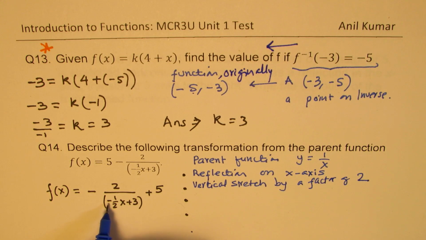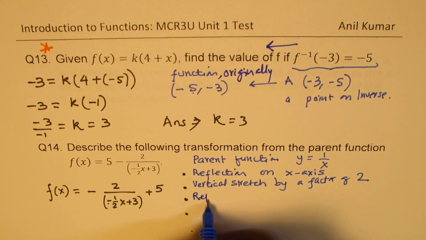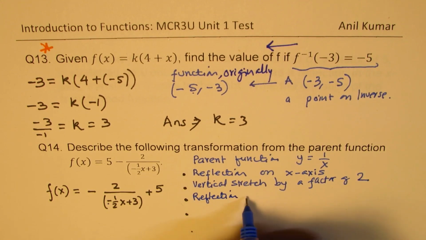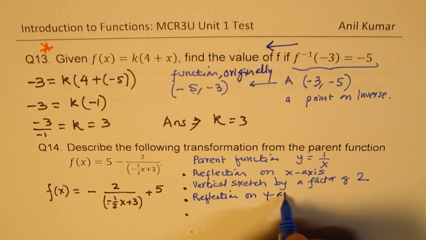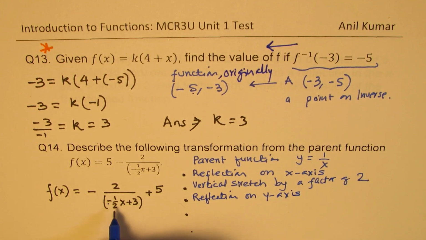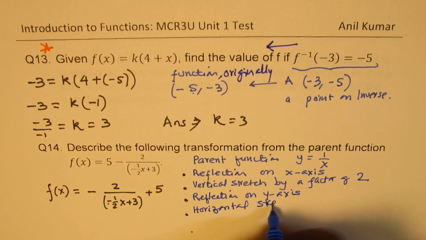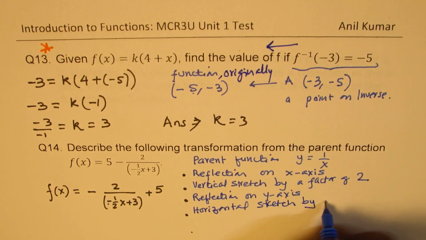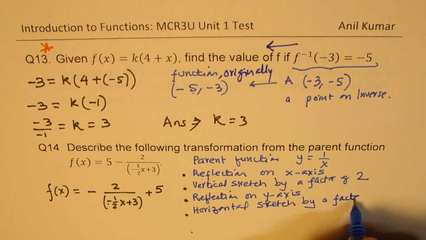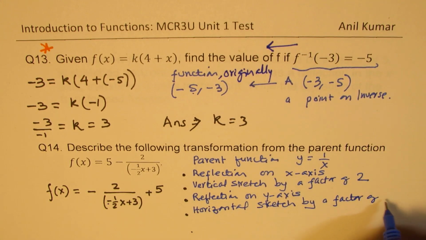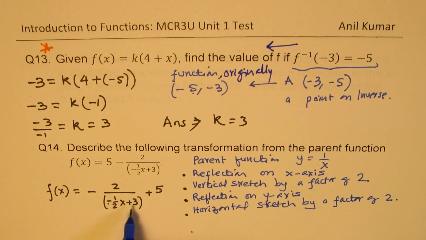Now here, this minus is horizontal, right? So it's a reflection on the y-axis. Half means horizontal stretch by a factor of 1 over half, which is 2. Is that clear? And then plus 3 means horizontally, you're moving 3 units left.